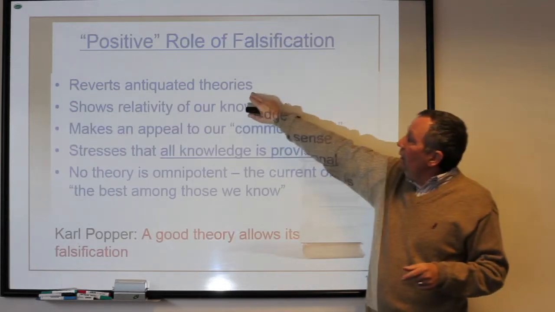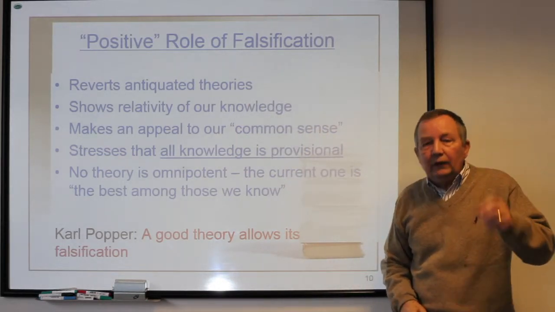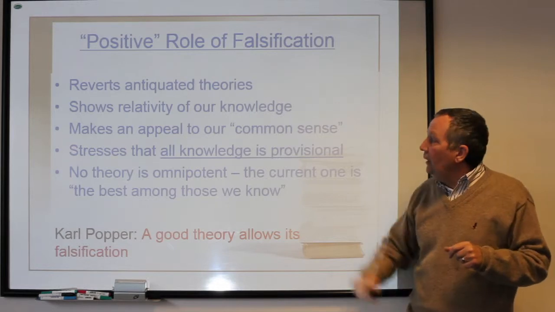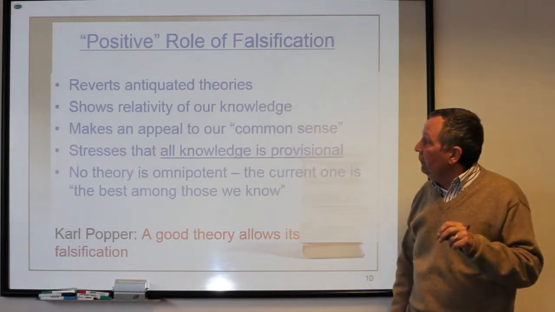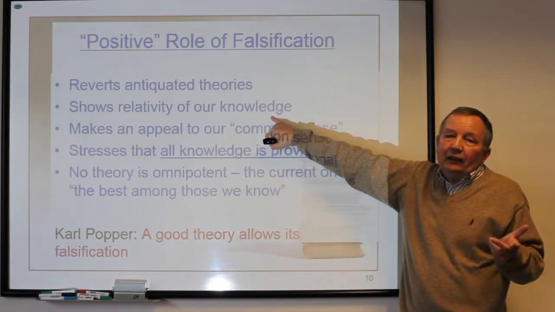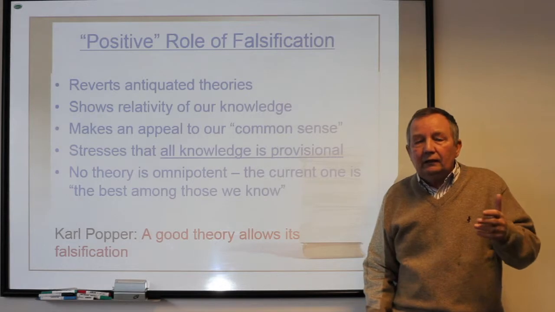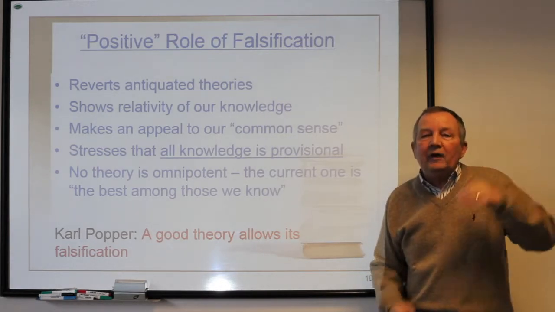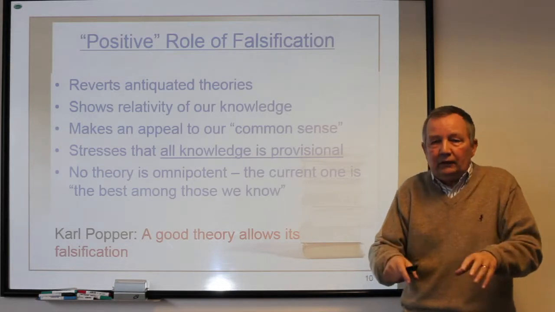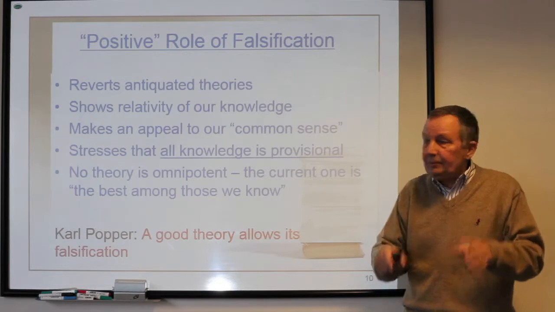So, a new and good theory, a new and good observation, first reverses the antiquated theories and shows the reality of our current knowledge. So we should be aware that every future theory will revert what we know. We cannot take what we know as something absolute, something absolutely true.